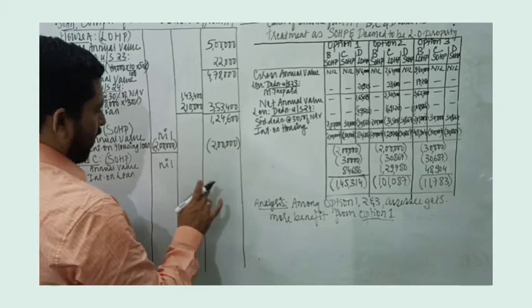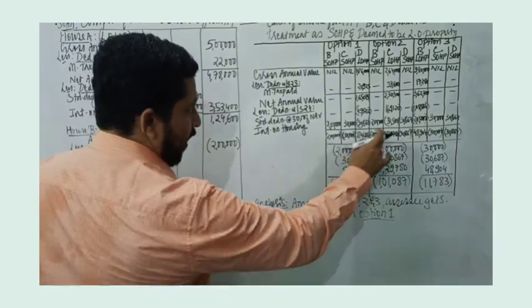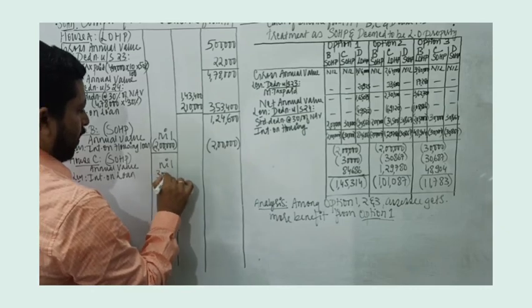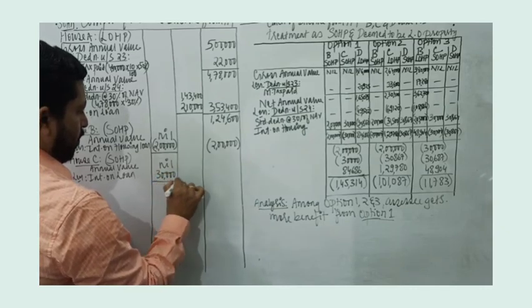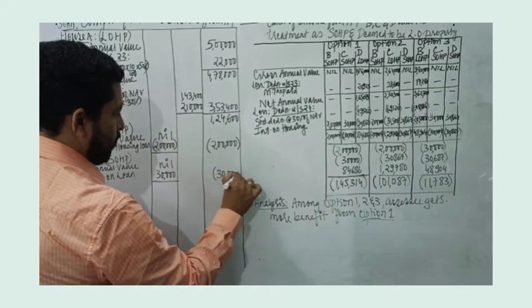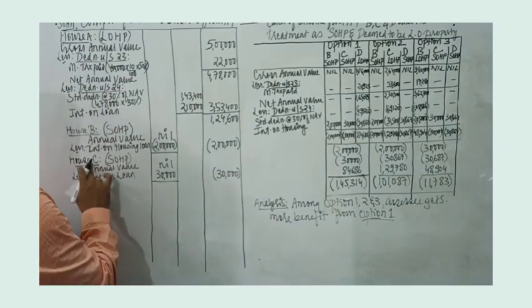So though the interest amount is 31,500 as we have calculated, maximum deduction is only 30,000. So 0 minus 30,000 would give you minus 30,000. That will be for house C.